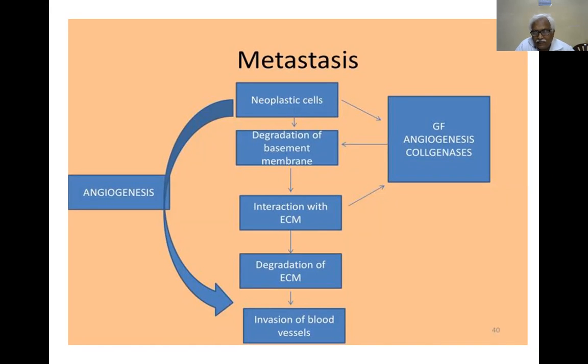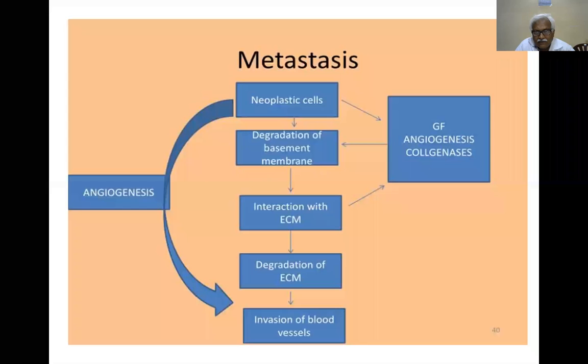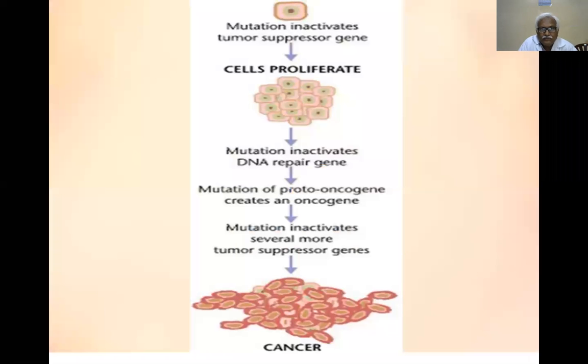The collagen will be disrupted, and there is more spread beyond. The interaction with the ECM will again lead to growth factors, angiogenesis, and collagenolysis. All said and done, the neoplastic cell can directly jump into angiogenesis and directly invade the blood vessels. That is the way by which cancer mostly spreads fast.